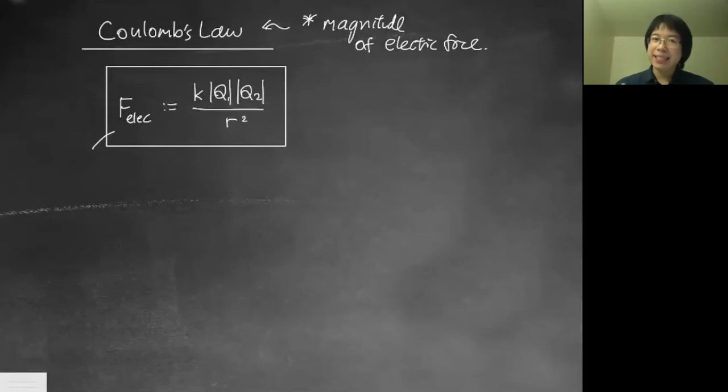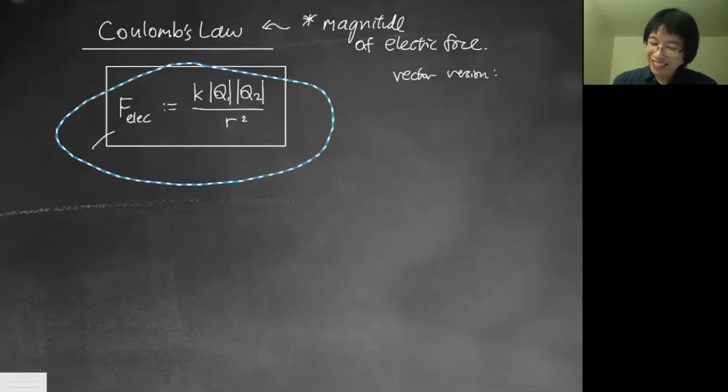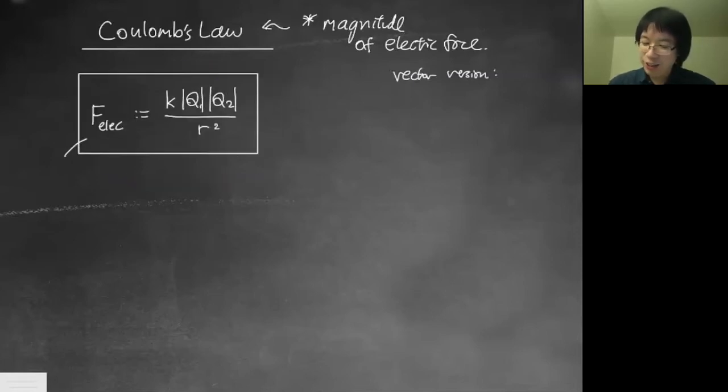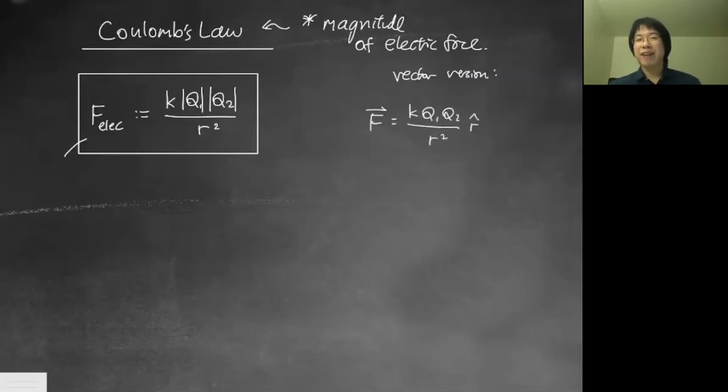Now, there is a vector version of it. However, lucky for you guys, you are first learners, you are beginners in the subject, and even though this is presented in the textbook, this time without the absolute value sign, as you can see, you don't have to worry about this scary vector hat thing.